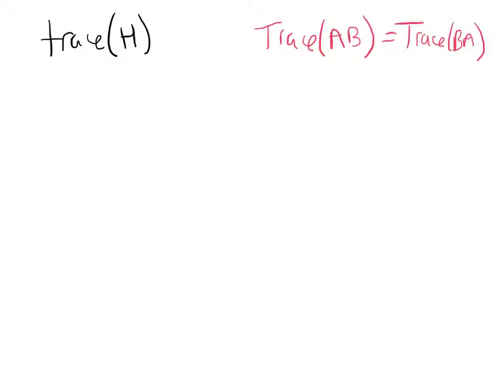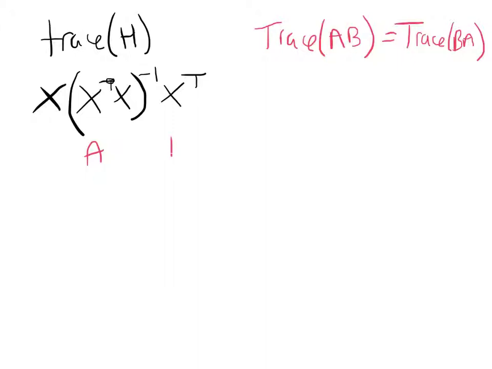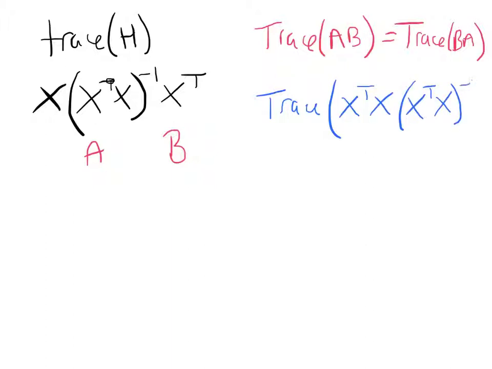So the hat matrix is X (X transpose X) inverse X transpose, and if we call some part of this A and some part of this B, then the trace of this matrix is equal to the trace of X transpose X (X transpose X) inverse.